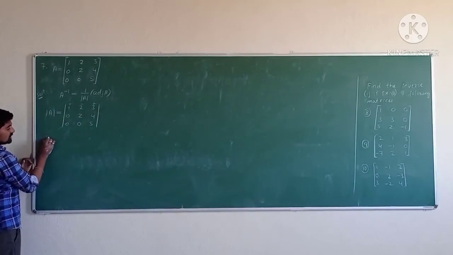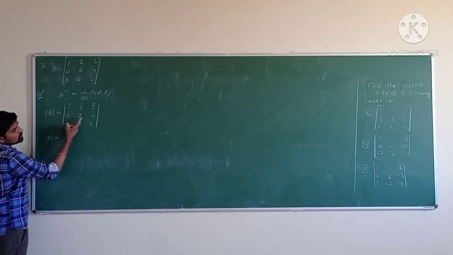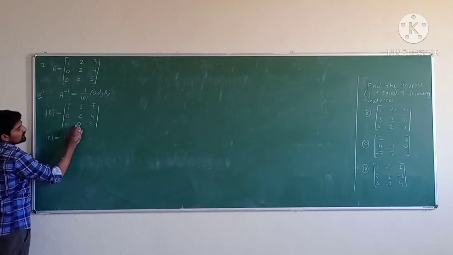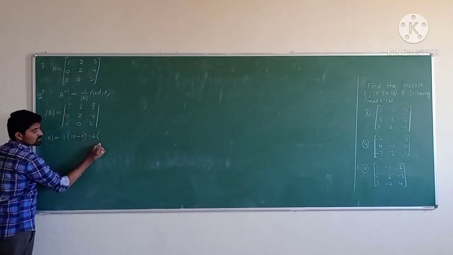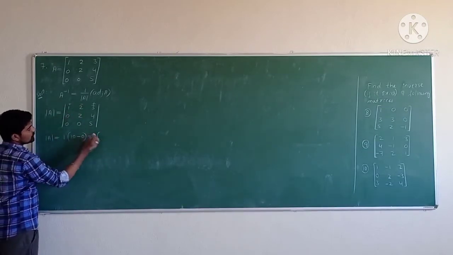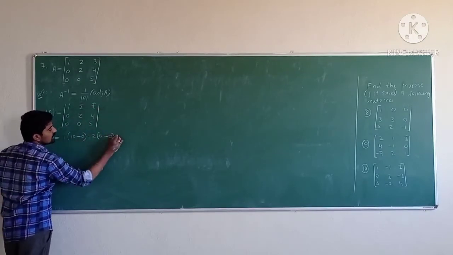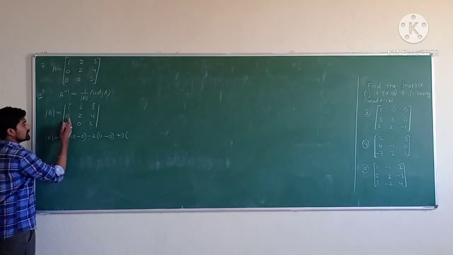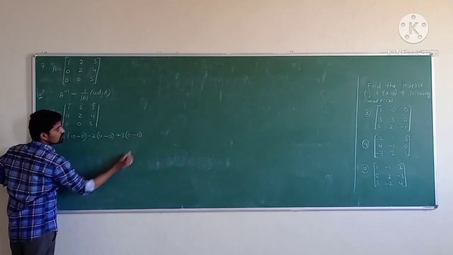So determinant of A is equal to 1 into (2 into 5, 10, minus 0 into 4, 0), minus 2 into (0 into 5, 0, minus 0 into 4, 0), plus 3 into (0 into 0, 0, minus 0 into 2, 0).